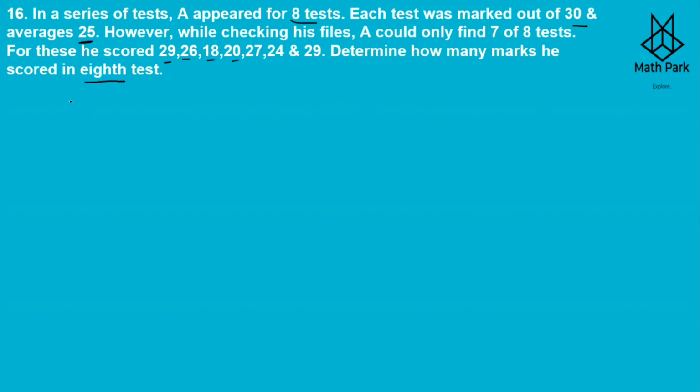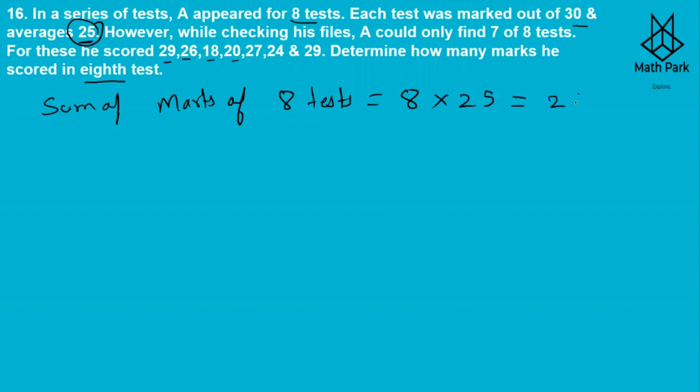So first we find the sum of the marks. The sum of marks of 8 tests will be equal to, the number of tests is 8 and the average is 25, so 8 times 25, which is equal to 200. Then there are the 7 tests' marks he could find.